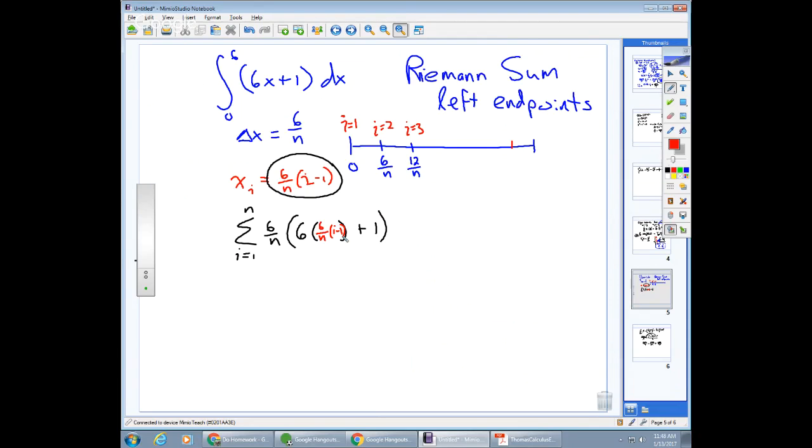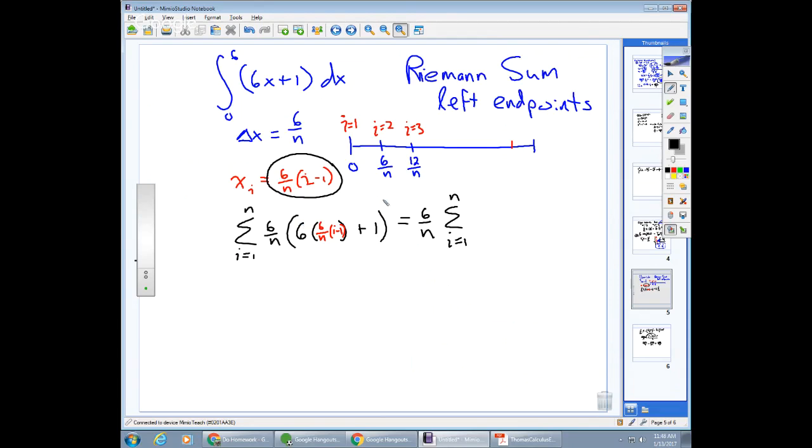So I've got a whole bunch of nested parentheses I need to deal with. So let's see, where shall we start? Why don't we pull out this front 6 over n? So I'll have 6 over n times the sum. And then let's say I have to distribute this 6 over n into the i minus 1. I don't think I have much choice of that.